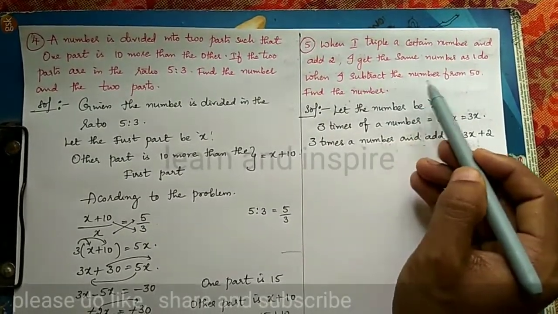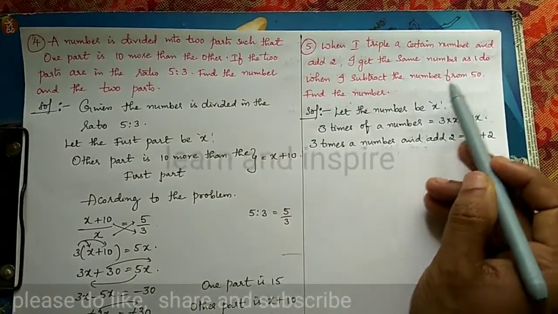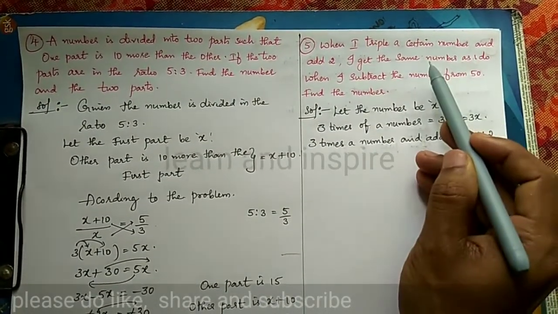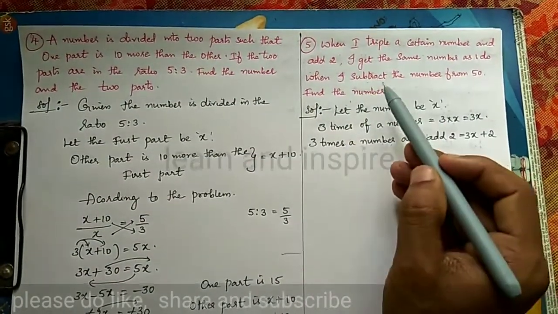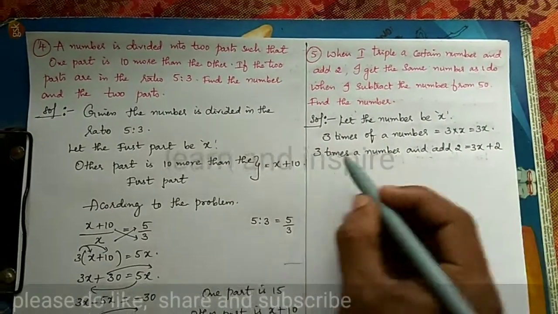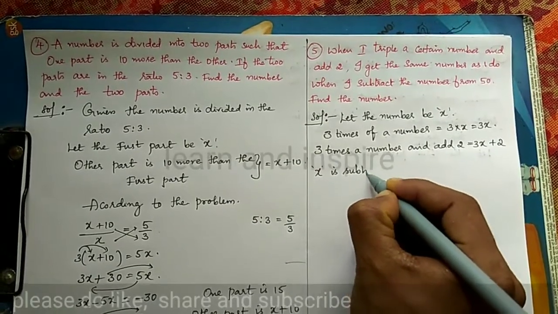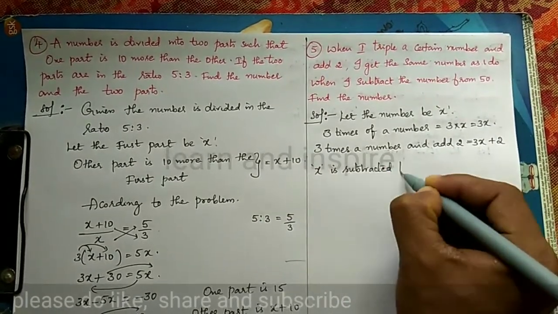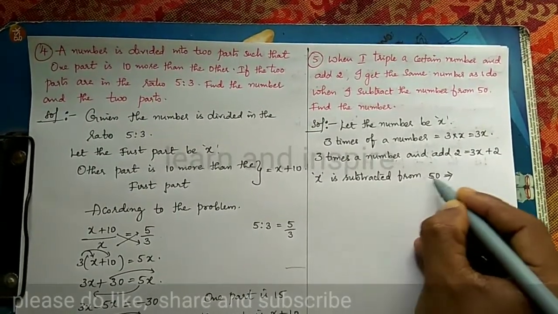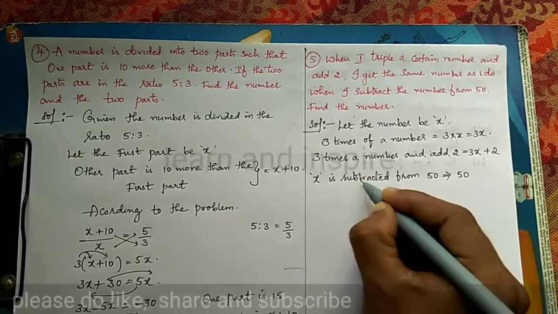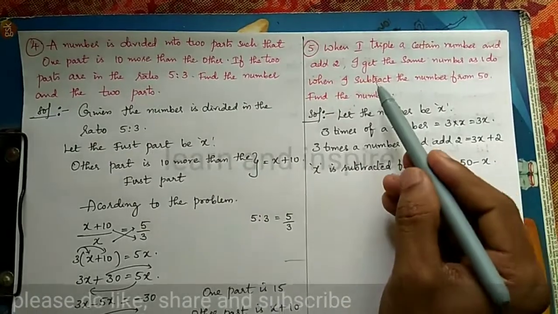The number is x. x is subtracted from 50, and we get the same answer as when I triple the number and add 2. Subtracted from 50, we have to write the second number minus the first number, so 50 minus x.